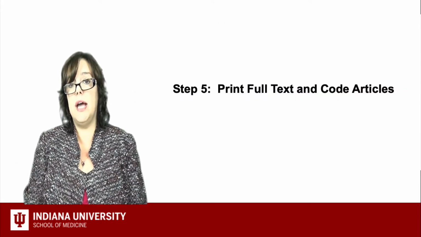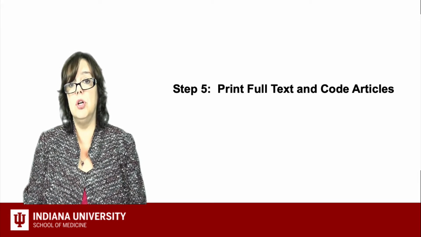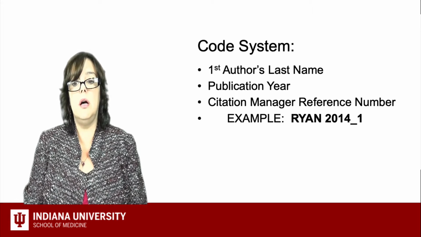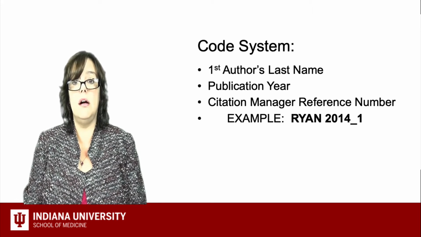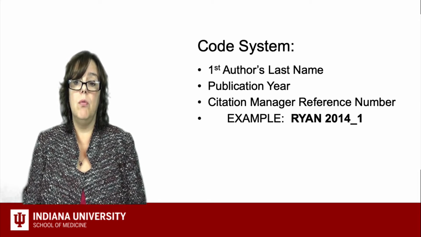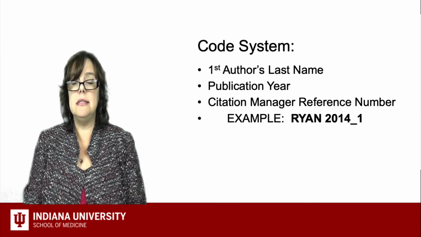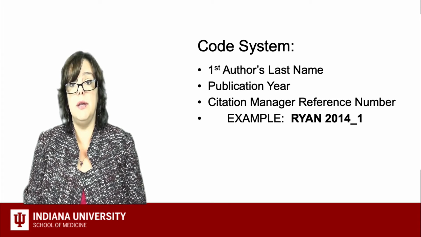When you print your full text, I have a system for coding the articles. The system is comprised of the first author's last name, the year the publication was made, and the reference manager's number. So in this case, it might be Ryan, 2014, number 1.